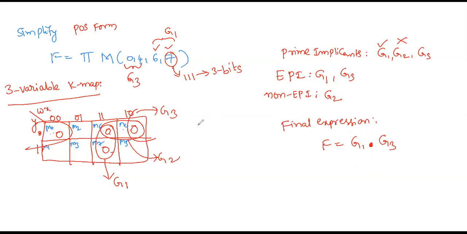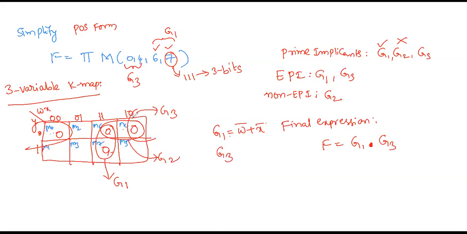And what are G1 and G3? G1 is equal to, look at G1, whichever the constants, W and x are constant and those values are 1. So G1 is W bar plus X bar.